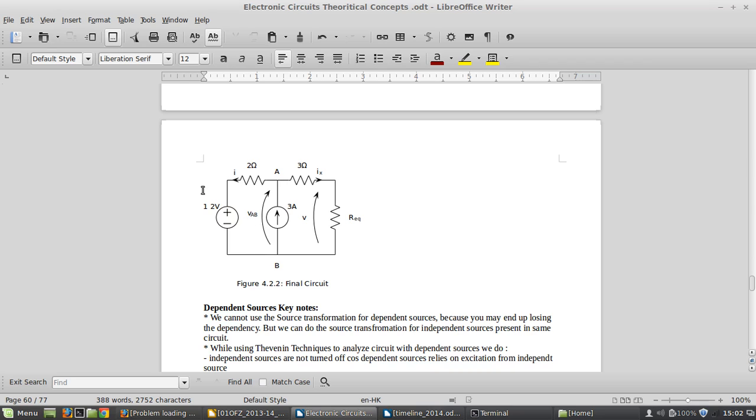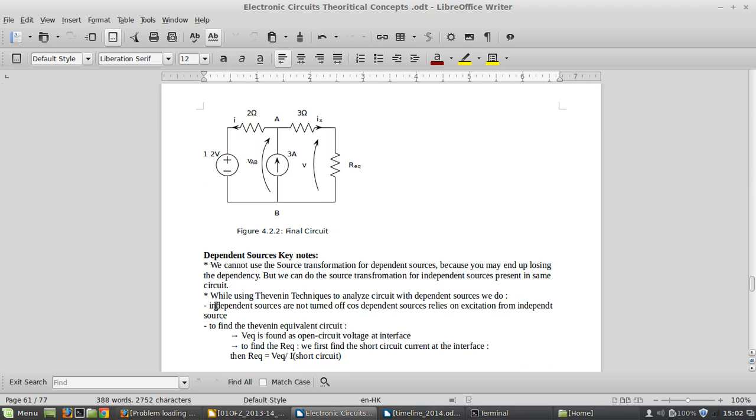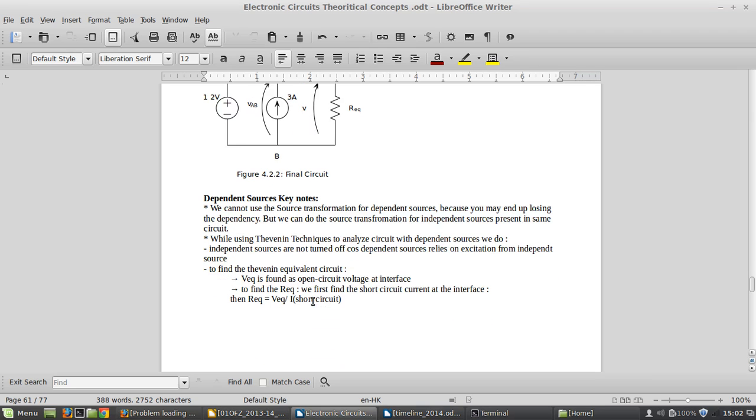Rather, you can use the Thevenin conversion. But we can use a source transformation for independent sources present in the same circuit. That means if these are independent sources, you can transform them, but do not treat dependent sources like independent sources.